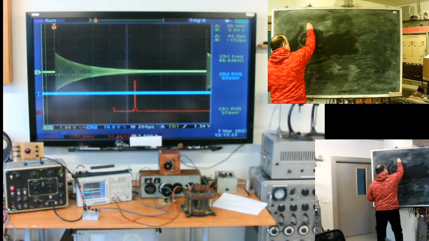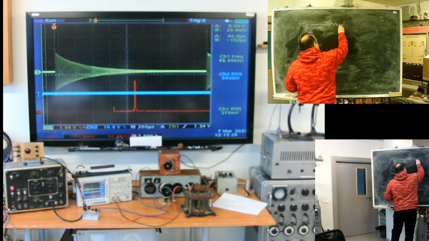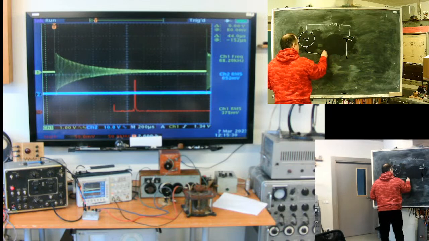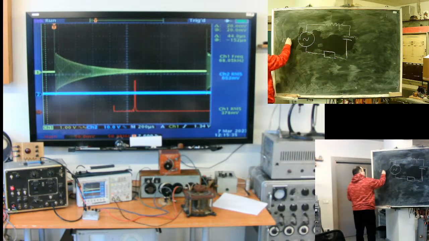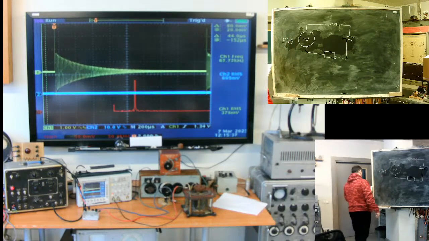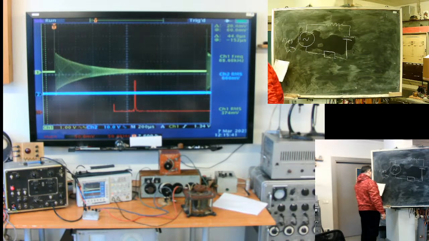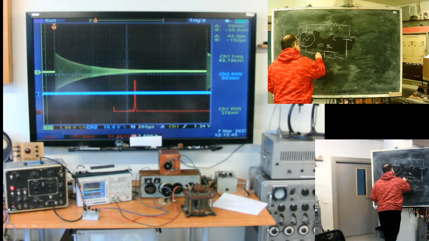For example, a series oscillating system. Here, a harmonic source with the frequency omega, coil, capacitance, resistance.